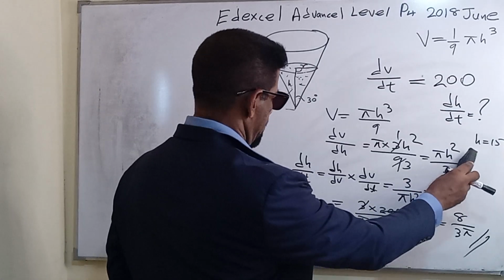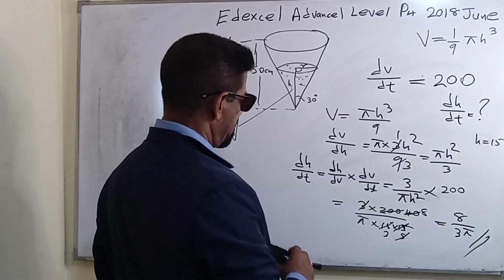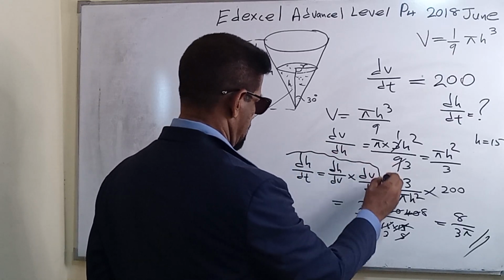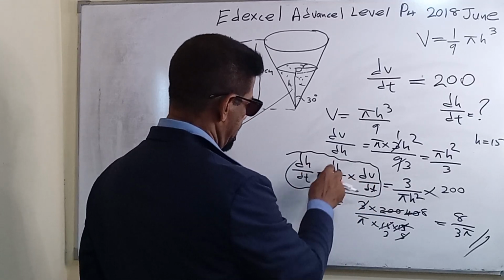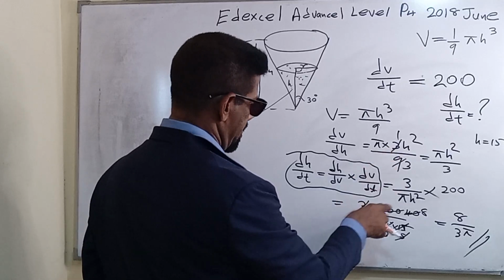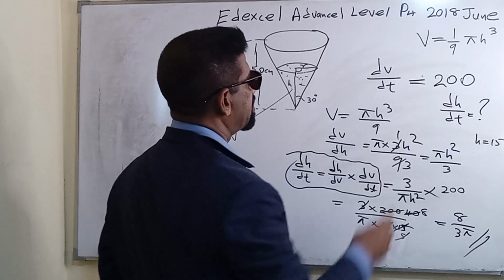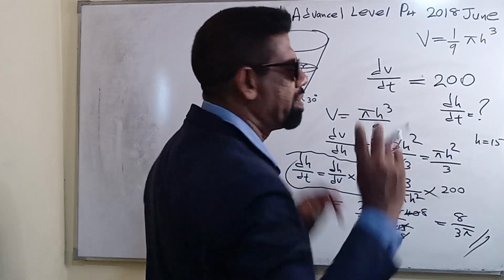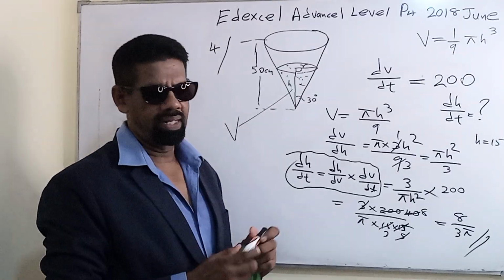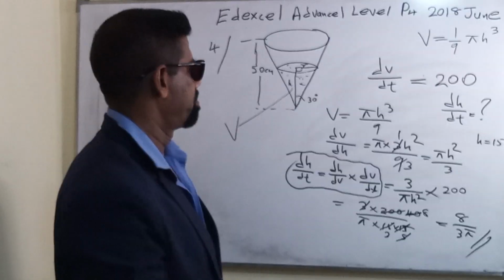Then arrange this equation: dh by dt equals dh over dV times dV by dt. Take the reciprocal, dV by dt is already given, and substitute your h value, then you can find that value. I think this is not hard. This type of sum comes every year.